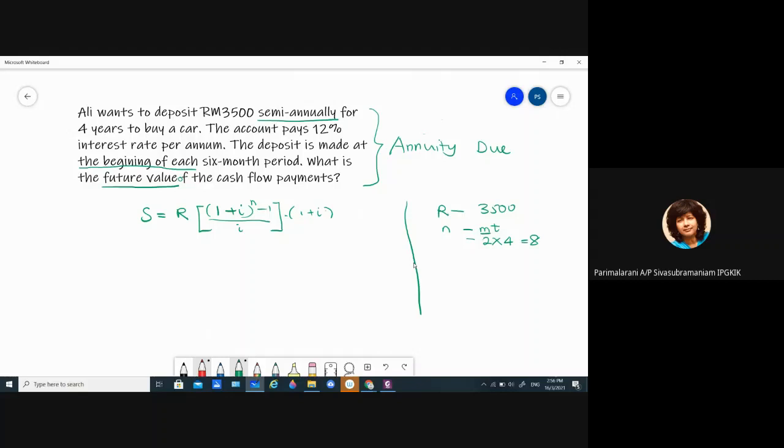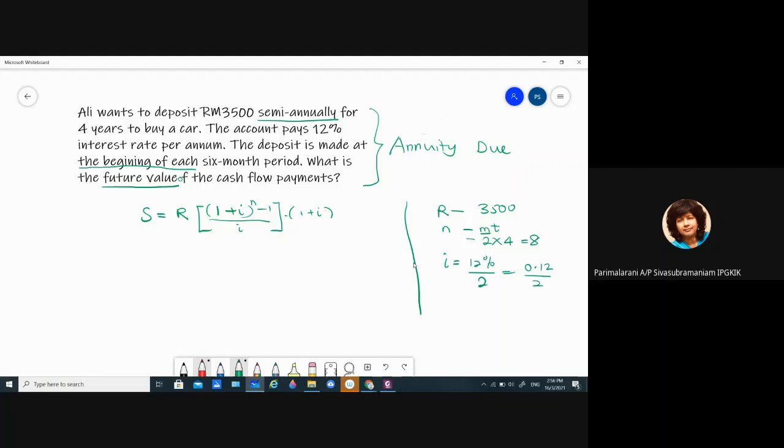Okay, by now you should know this because every single concept is the same calculation. Even compound interest, everything, same calculation for n. Okay, interest is 12%. What's our interest here? 12% over 2, yes. So this is 0.12 over 2.